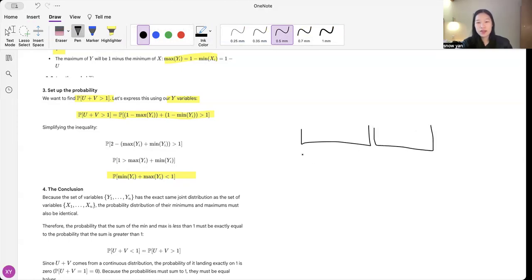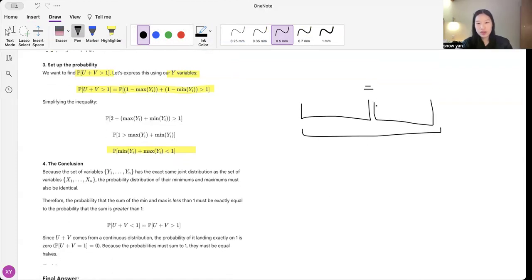It could also be equal, but in a continuous distribution density, at any specific point the probability is 0. Hence the left-hand side equals the right-hand side, so each of them has probability one half.